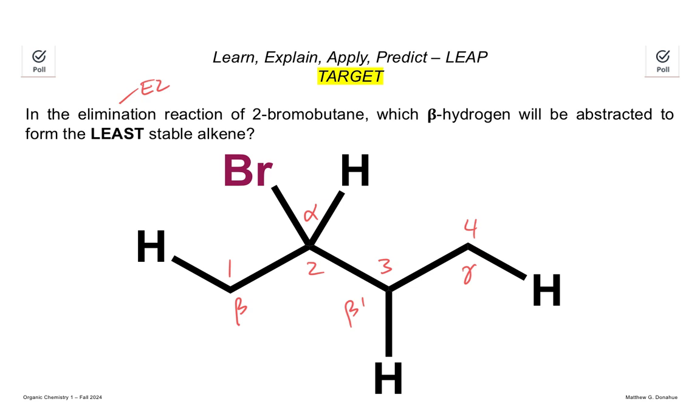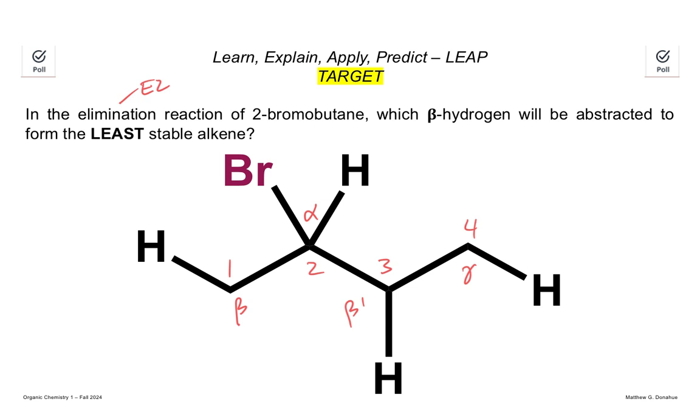So maybe one way to think about it is this lasso term. When you do an elimination, you have to remove 2 things. And so if you just lasso them out and shove a pi bond where they were, you can sort of get to the product.